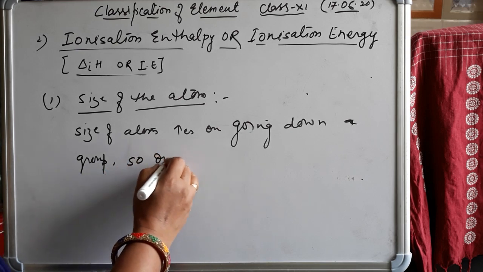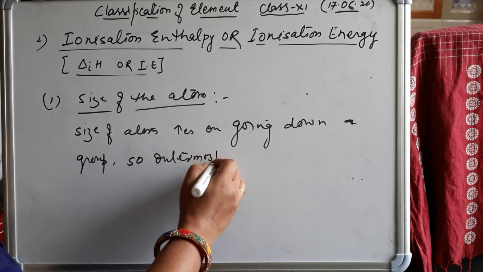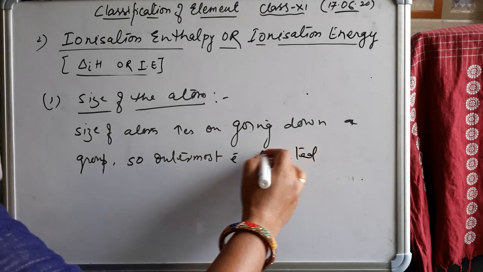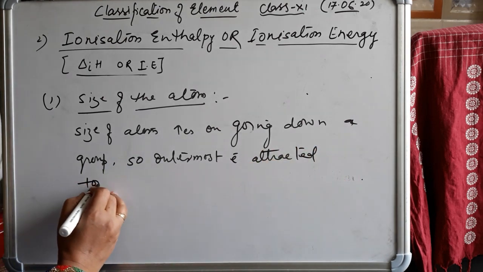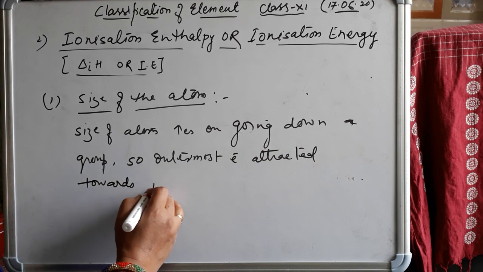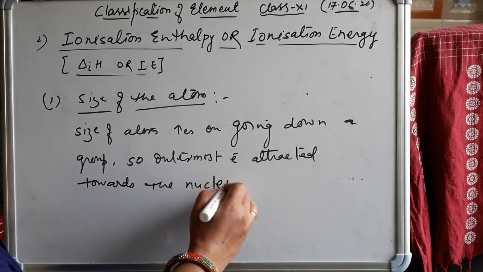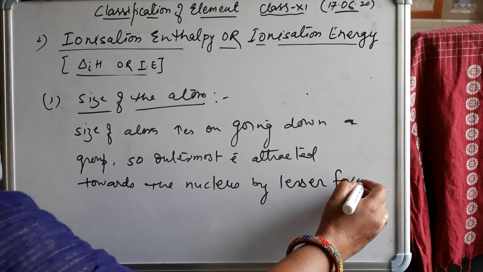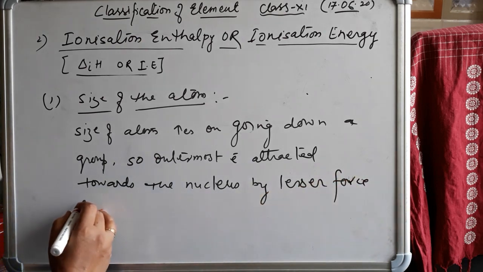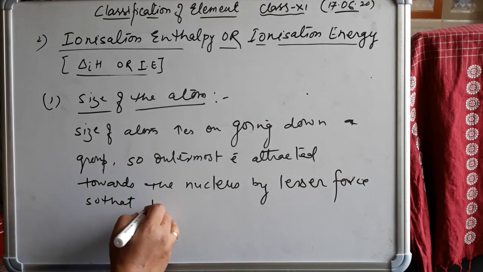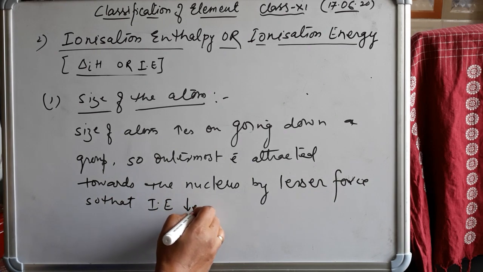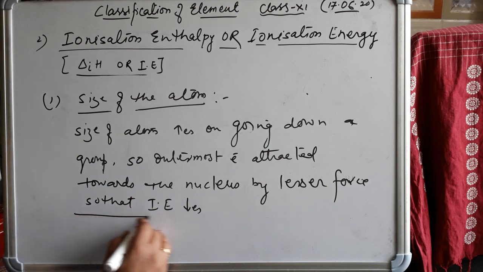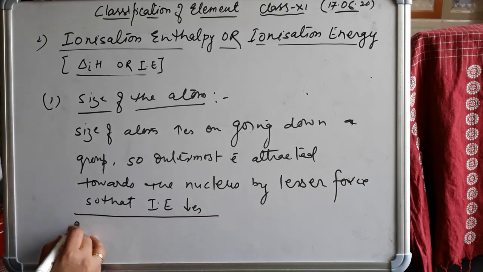So the outermost electrons are attracted towards the nucleus by a lesser force, so the ionization enthalpy decreases. We can say that as atomic size increases, ionization enthalpy decreases.